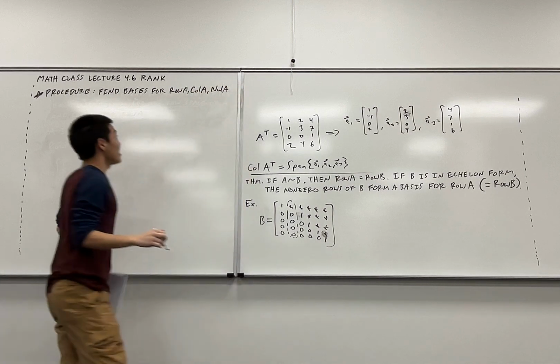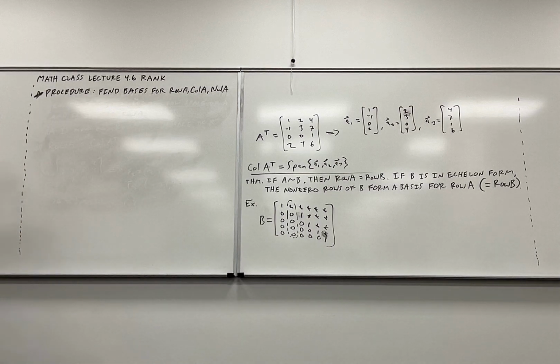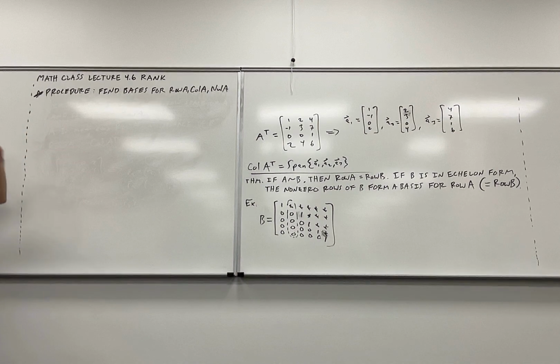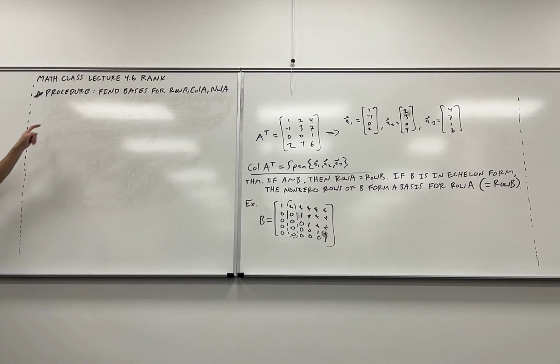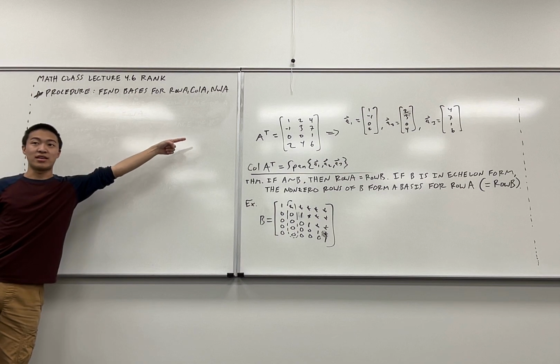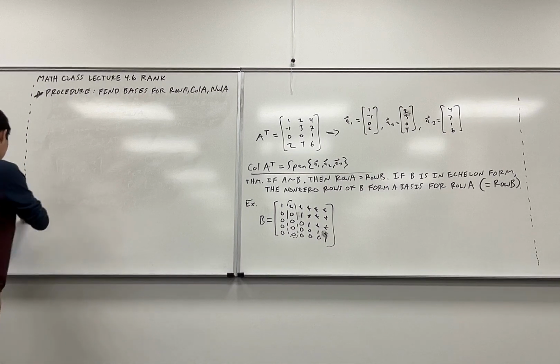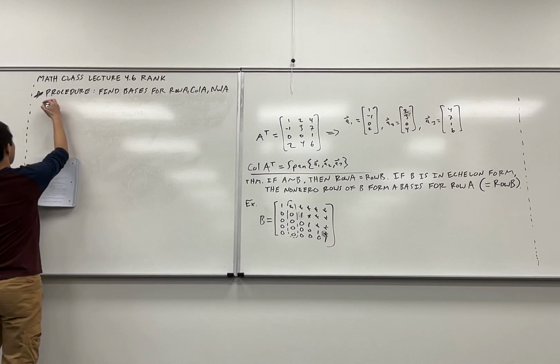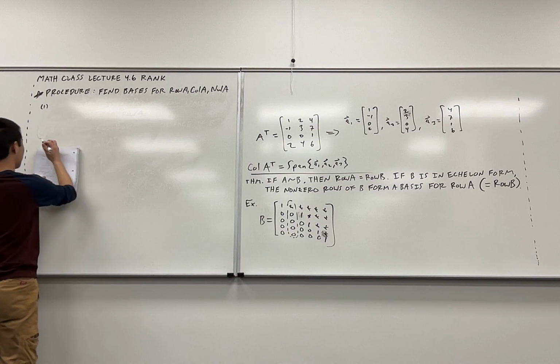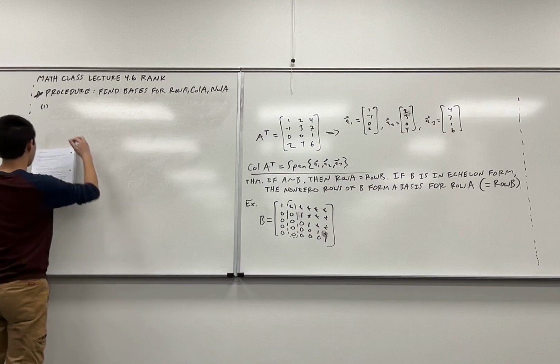What's nice about it is the procedures for all three of these things kind of overlap. And so I organized in my notes a way to present it so that you can mentally flowchart the most efficient way to get through these different things. And say if you're given a problem where you need to find all three of them, well then, lo and behold, doing it in a specific order is going to be the most point-and-shoot, direct, efficient way to do it, okay? So, first things first, we'll consider row space and column space first.